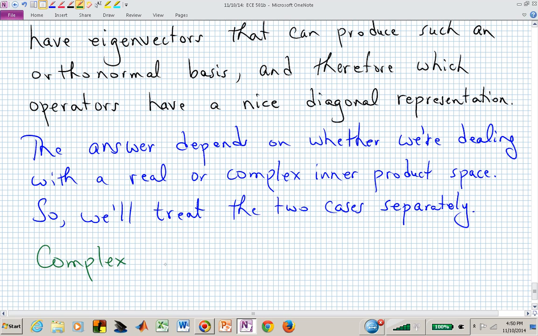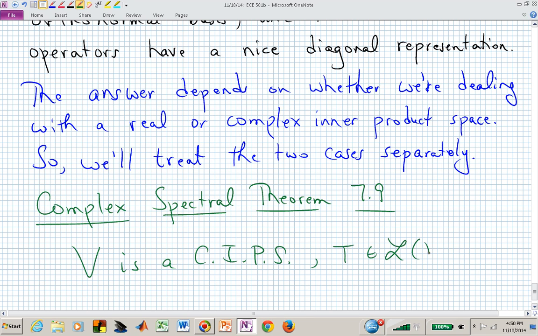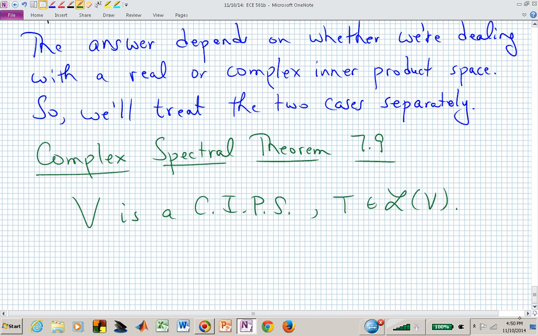Here's the complex spectral theorem 7.9. V is a CIPS, complex inner product space, and we have a linear operator T on that complex inner product space.